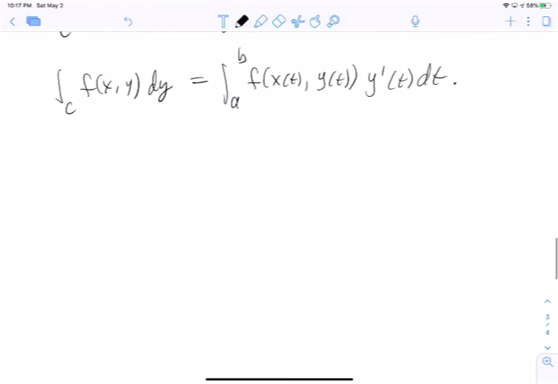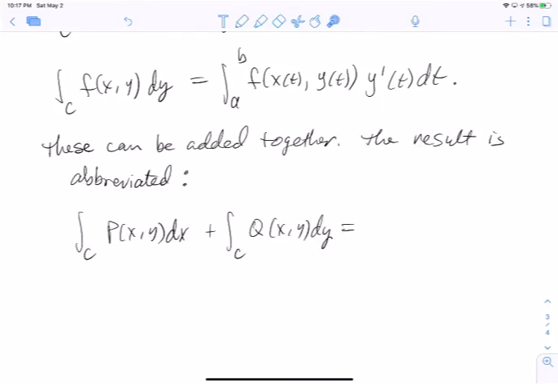Now these can actually be added together, and the expressions are replaced. We have P(x, y) dx and Q(x, y) dy.